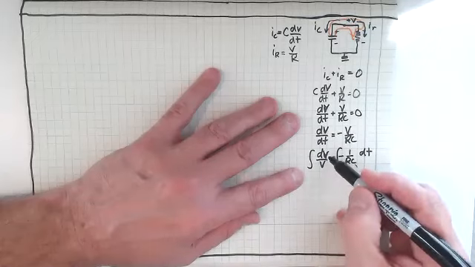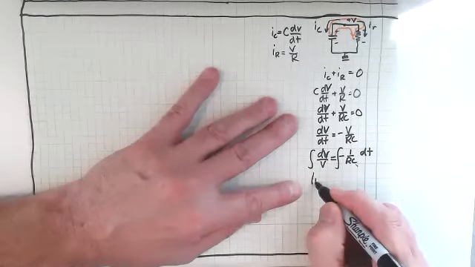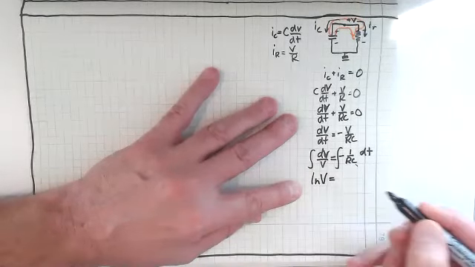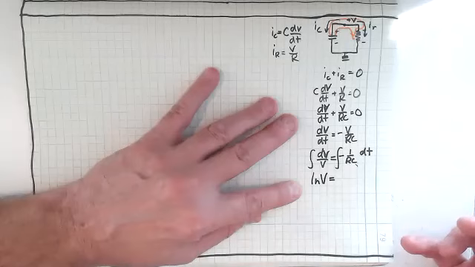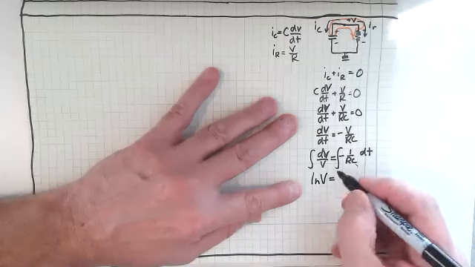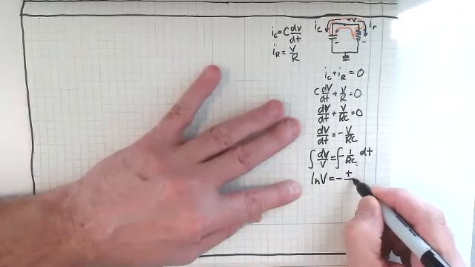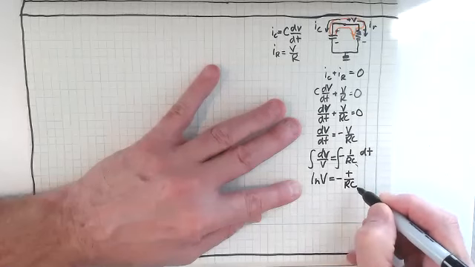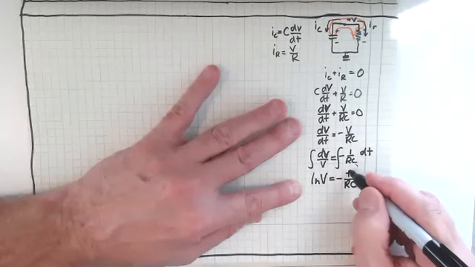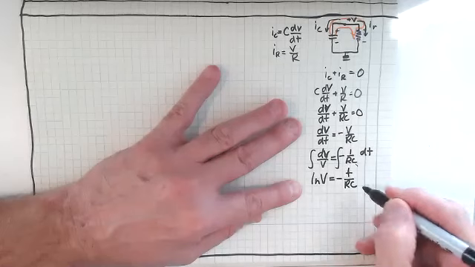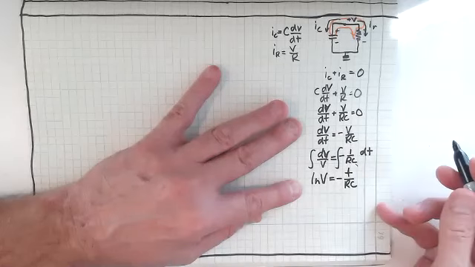And 1 over v dv, we know that that is just the natural log of v, right? So we've got the natural log of v on one side, and we've got minus t over RC on the other side, right? I think everybody can see that.